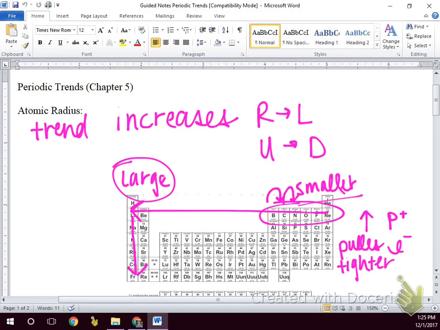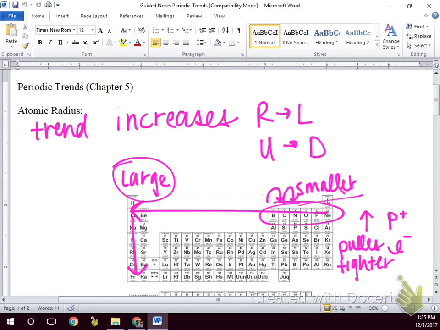Okay, and that's all within the same row. Okay, as we move down a row, it changes the story. Okay, but that's the reason that as we move right to left on the periodic table, we see a larger atomic radius, because as we go the other way, those electrons are getting pulled tighter and tighter and tighter. Okay, so it's decreasing our atomic radius as we move to the right.